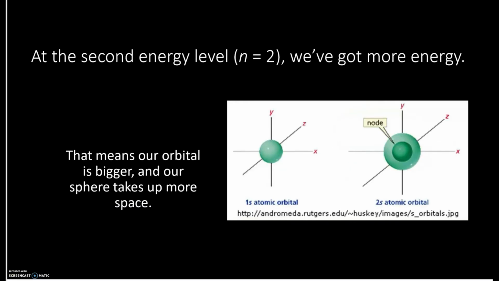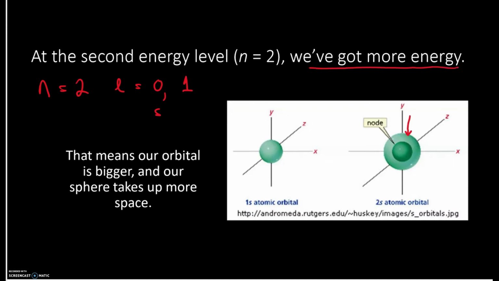Now we're going to go up to energy level 2, n equals 2. Let's remember that when n equals 2, the possible values for L can be anywhere from 0 to n minus 1. That means our values for L can be 0 or 1. And that means that at the second energy level, there's an s orbital available. If you look, you can see it right here.